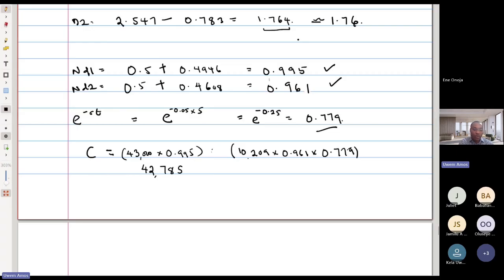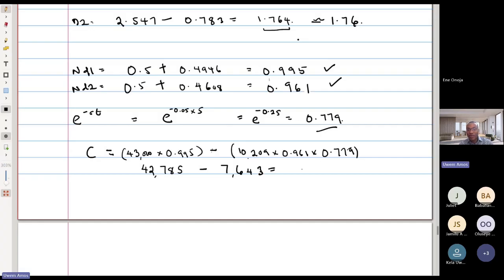Okay, so the other line will be 10209 multiplied by 0.961 multiplied by 0.779. That is 7,643. Okay, so what's the value of the firm? 42,785 minus 7,643.